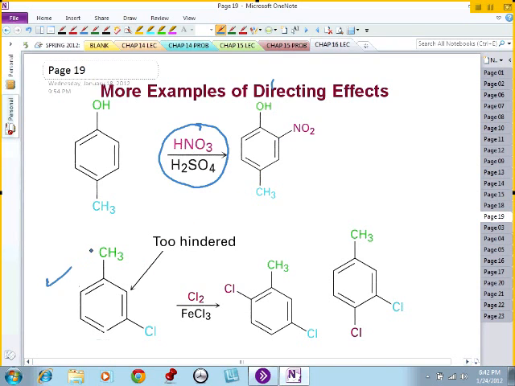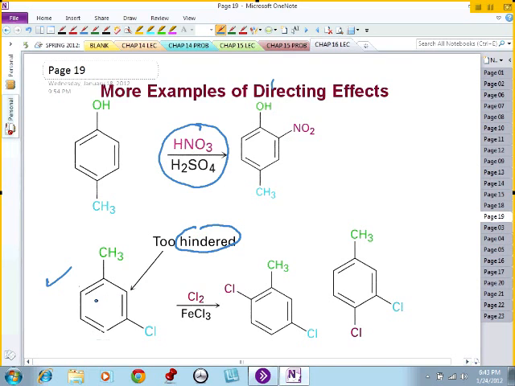Now in the second reaction here, see what you have here, we have chlorotoluene, meta-chlorotoluene. The incoming group could go here or here. But anytime you have this kind of relationship in which you have two substituents in a 1-3 relationship to each other, this position here is fairly hindered.